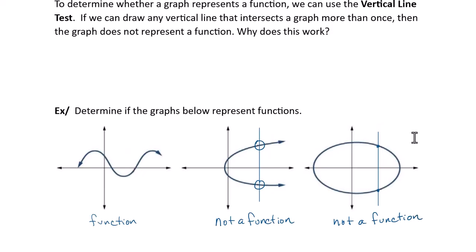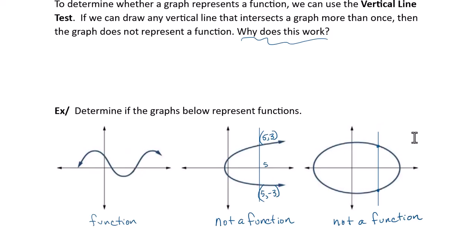Now the question is, why does this work? Well, let's go ahead and give these points some labels. We can call this one maybe 5, so this would be (5, 3), and this would be (5, -3). So you can see one value of x goes to two different values of y.